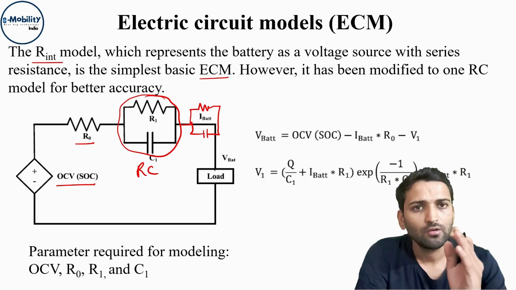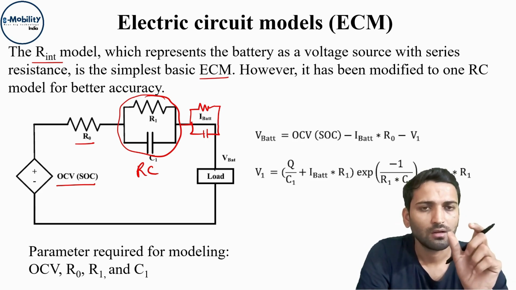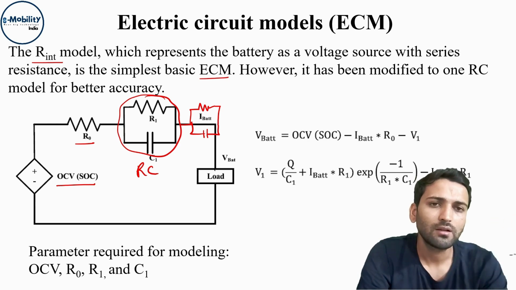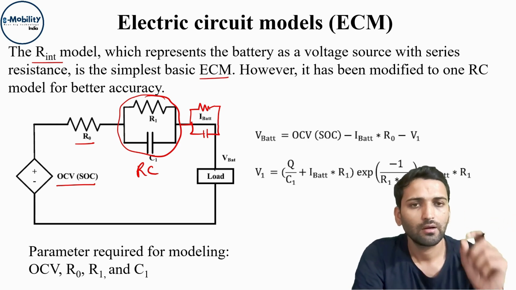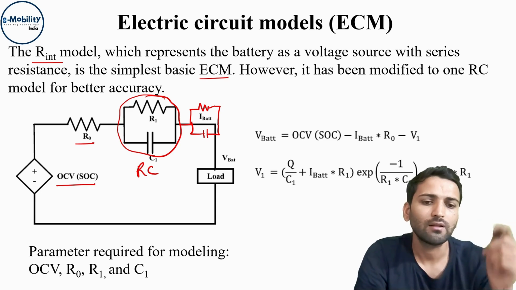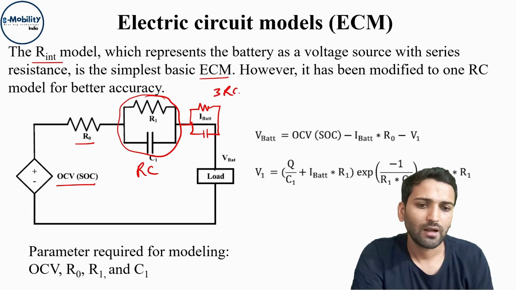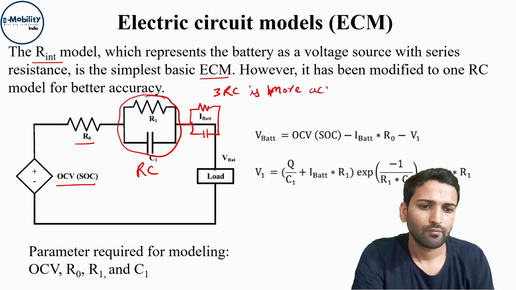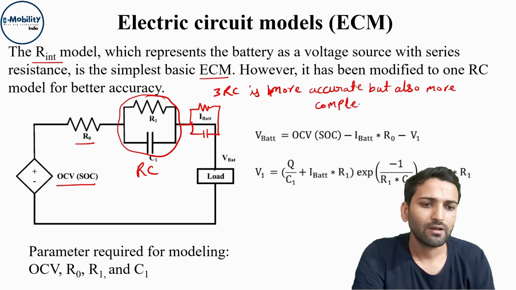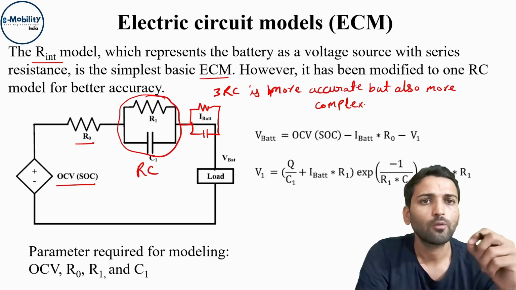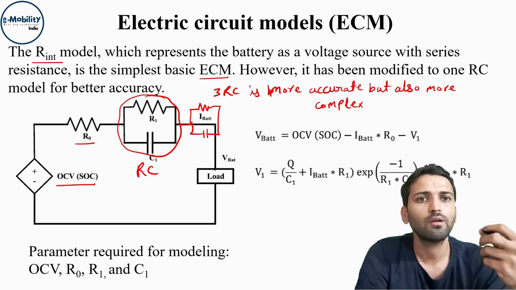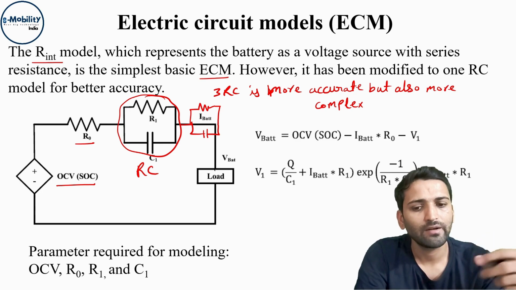If you compare the 1RC model with the 3RC model, the accuracy of the 3RC model is better. 3RC is more accurate, but also more complex, because as the number of RC increases, the complexity and the computational power required to model the battery also increase.